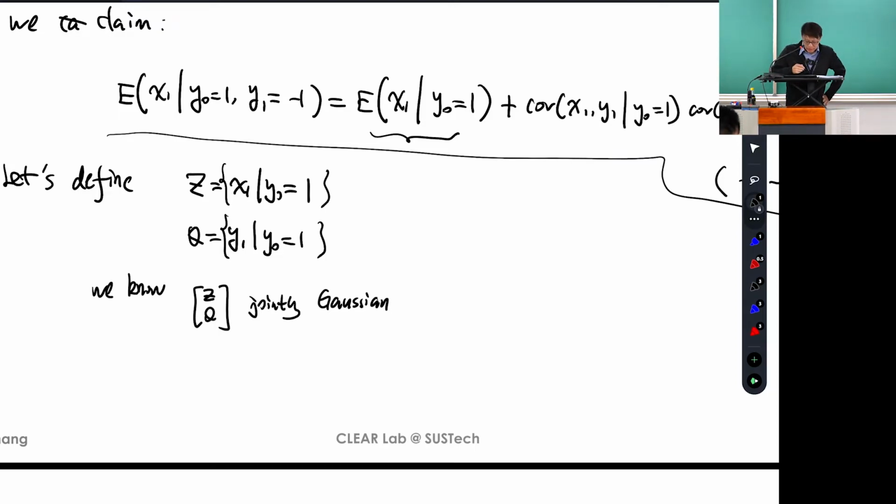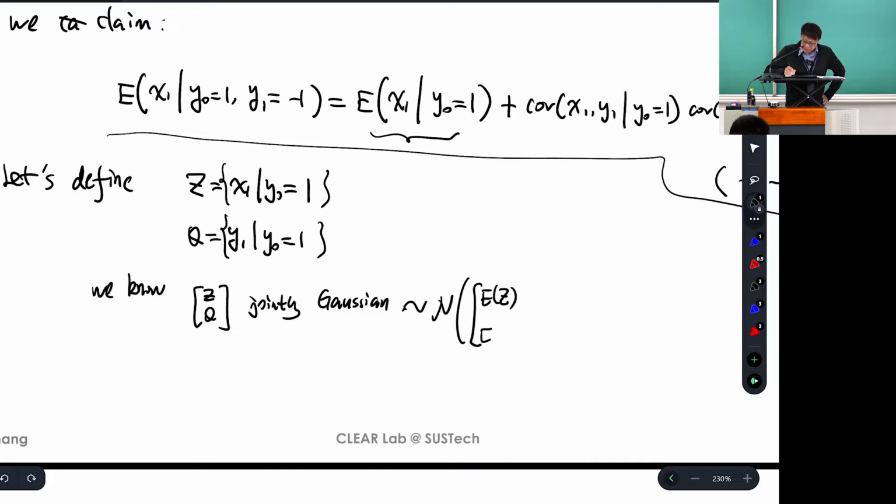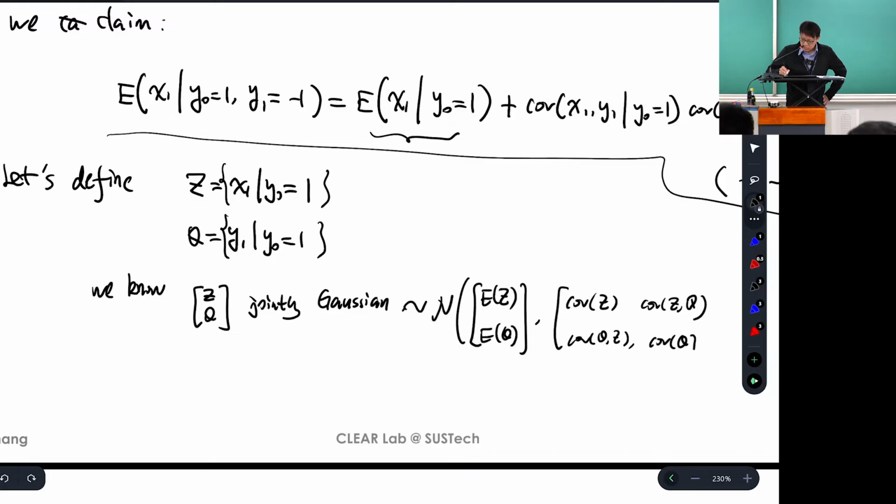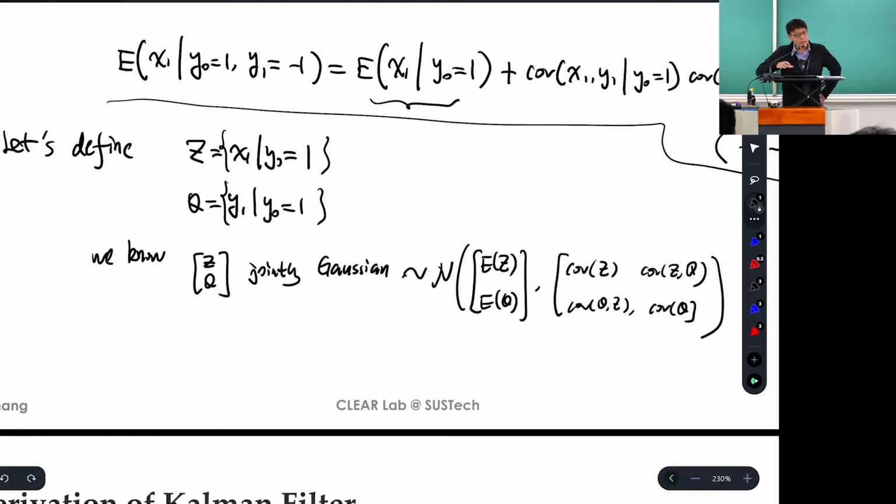Now I see q, so then the jointly Gaussian, let's say that will be what? This is E of z, E of q, and this is covariance of z with q, covariance q with z, covariance of q. Okay? All right, if I change notation, everything becomes clean.